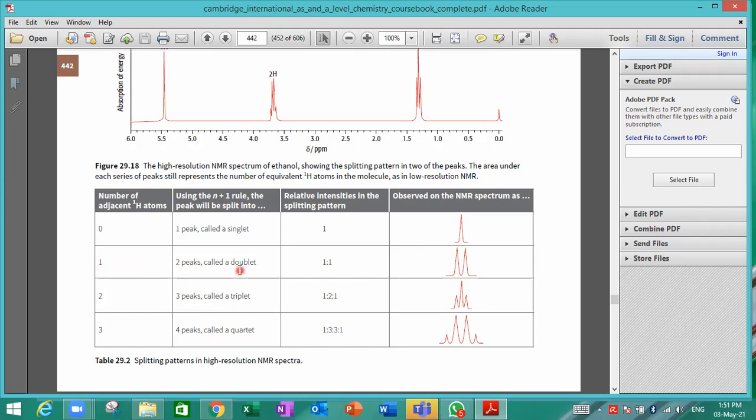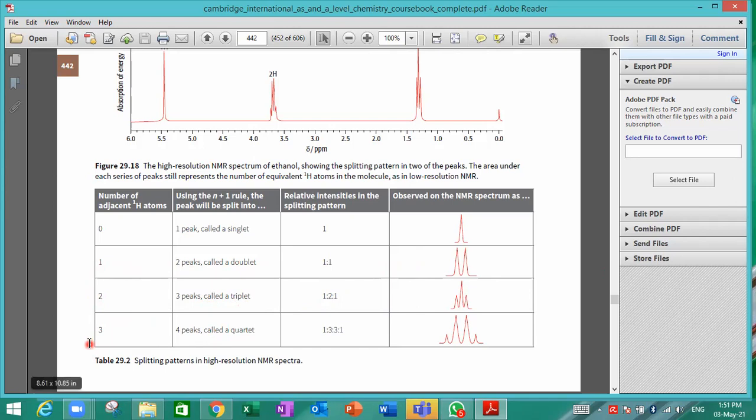So we get 2 peaks, we call it a doublet, and it will appear in the ratio 1:1. If the number of adjacent hydrogen atoms is 2, then the peak will be split according to the n+1 rule, 2 + 1 makes 3 peaks. We call it a triplet, and we get a triplet peak in the ratio 1:2:1.